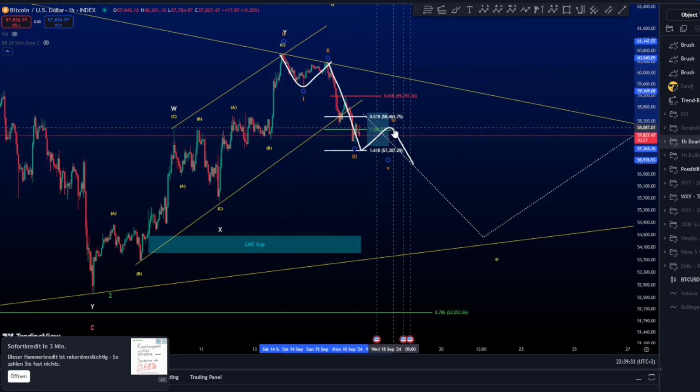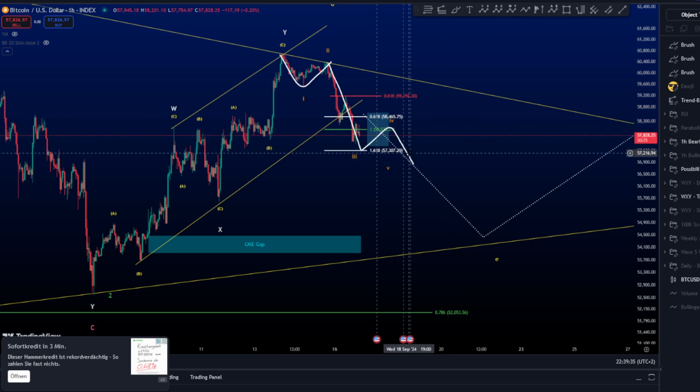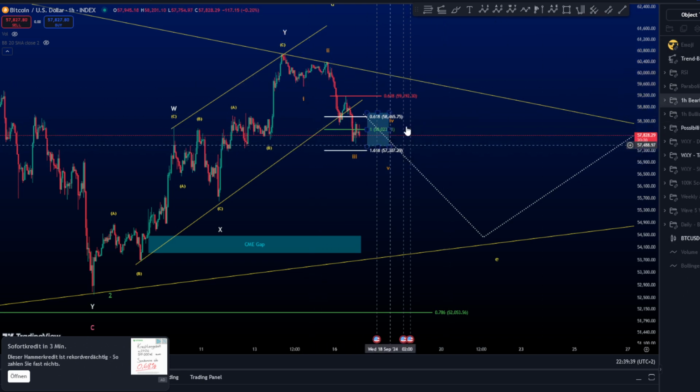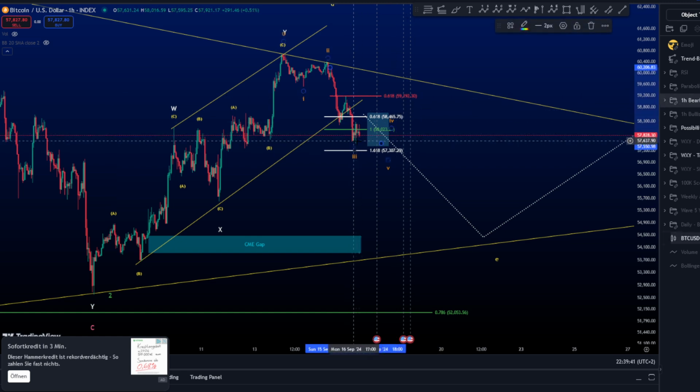So our wave 4, of course, should be here. Now, some fib levels have been updated before starting the video, because we got an extended wave 3 again, lower than the 1-to-1 fib level. However, that's really nice to see, because we already hit the target that we spoke about in the last video, right?